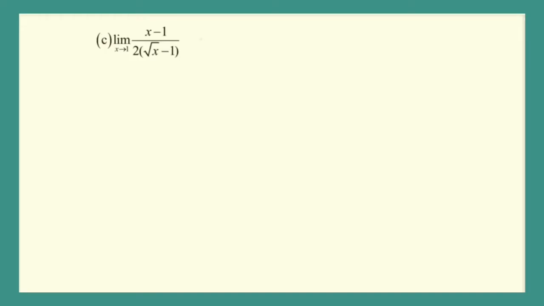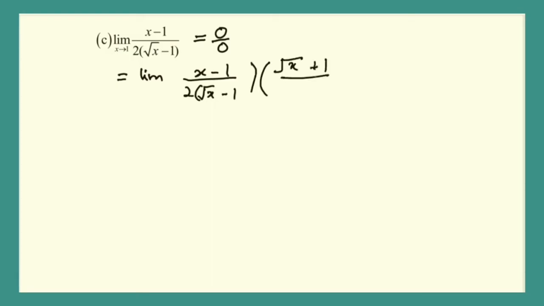For this example, we also get 0 over 0 when we substitute x equal to 1. To solve this, we will multiply by the conjugate for the denominator. Okay, the conjugate is square root of x plus 1 over square root of x plus 1 as x approaches 1.